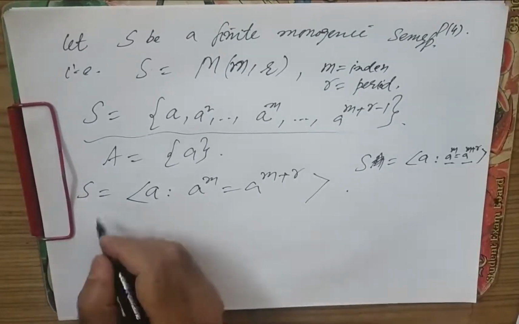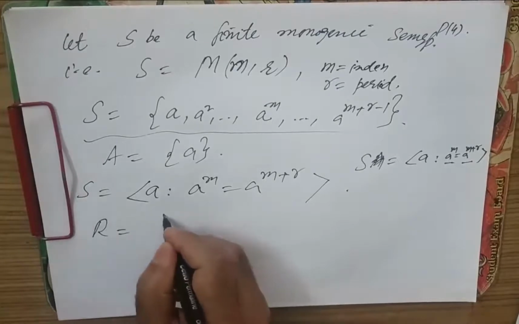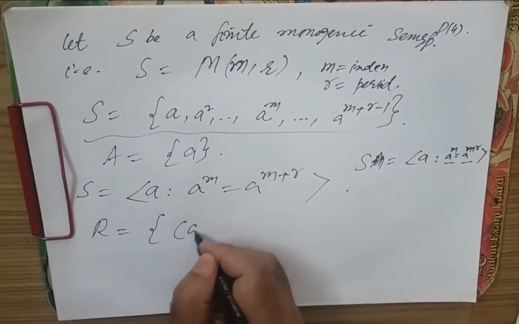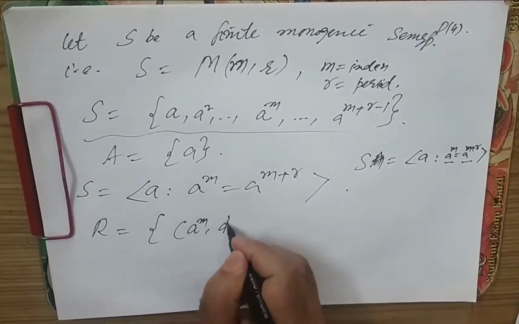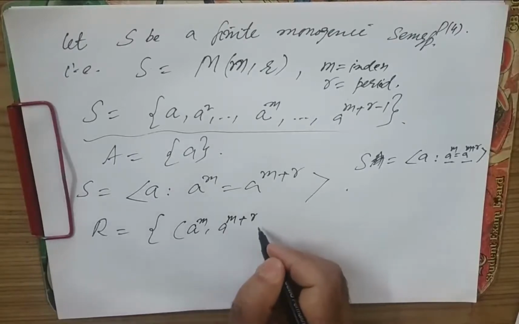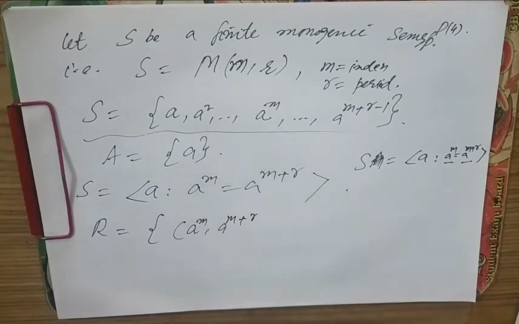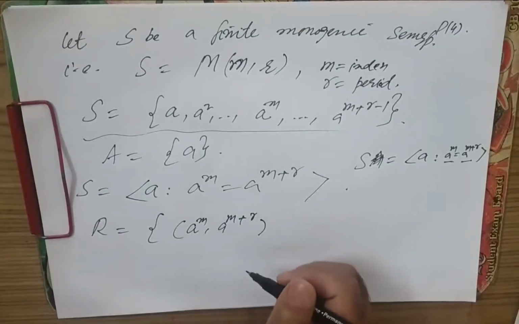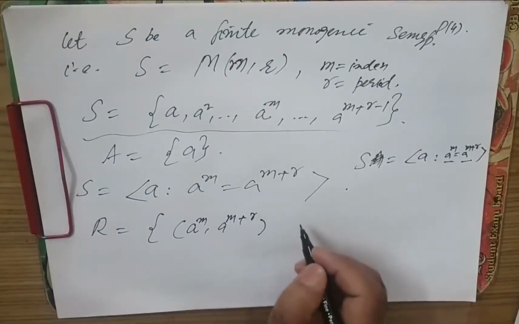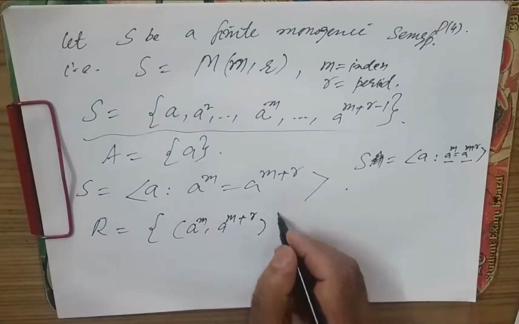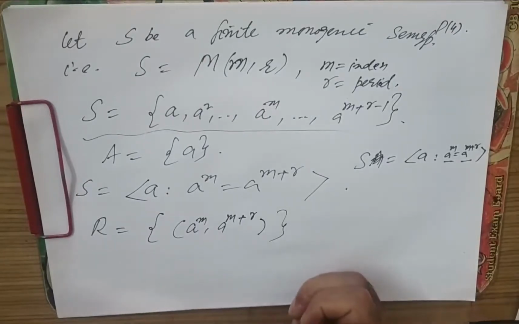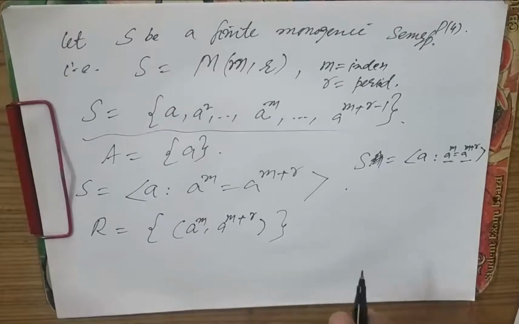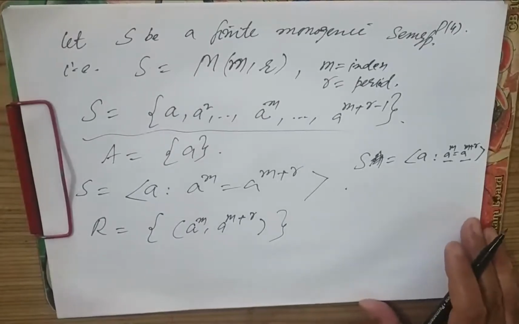Or we can also define a relation. Let's define this relation R, in which you have only one pair, A power M plus R, A power M. Then you can see this R sharp.